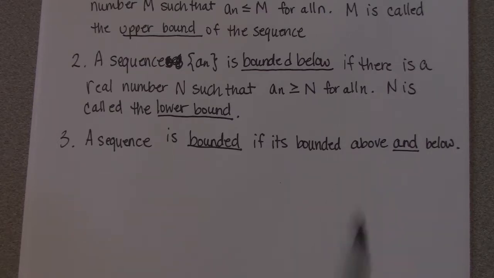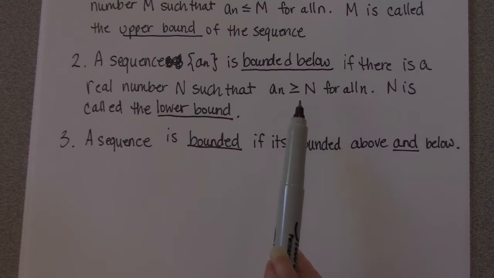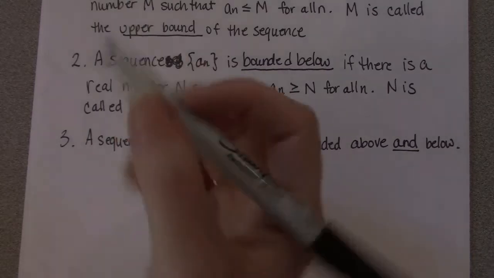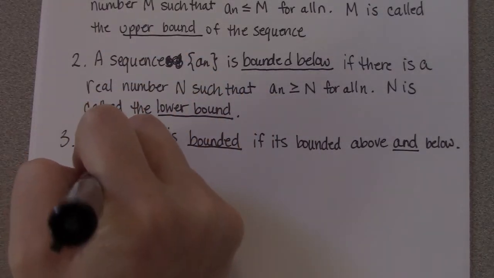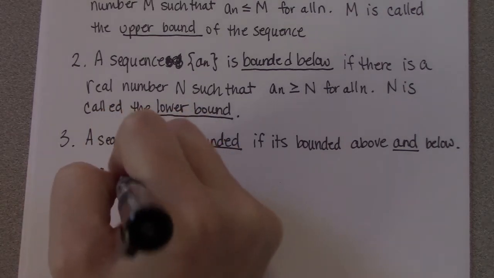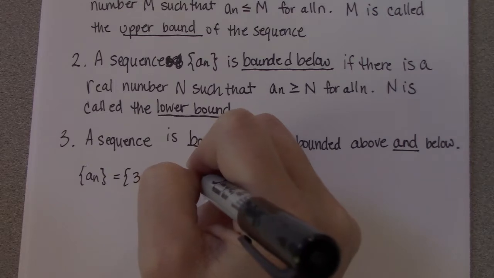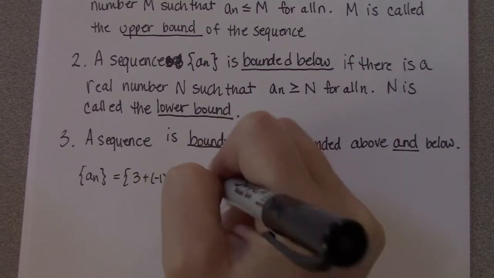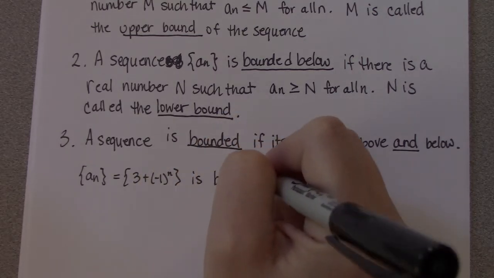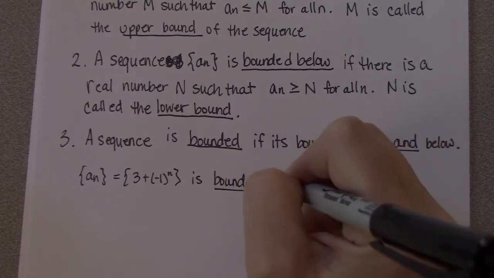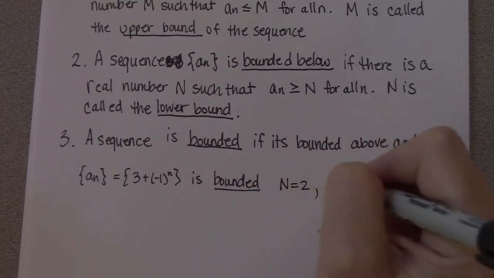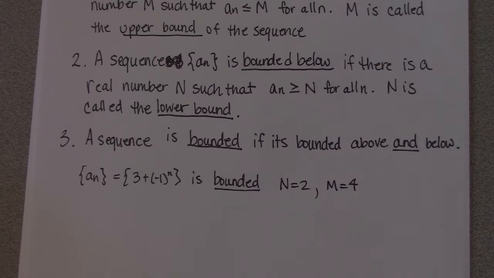Notice we can say 2 and 4 are the bounds because we allow for it to be less than or equal to that value. So a sub n equals 3 plus negative 1 to the n is in fact bounded. N would be 2 and M would be 4.